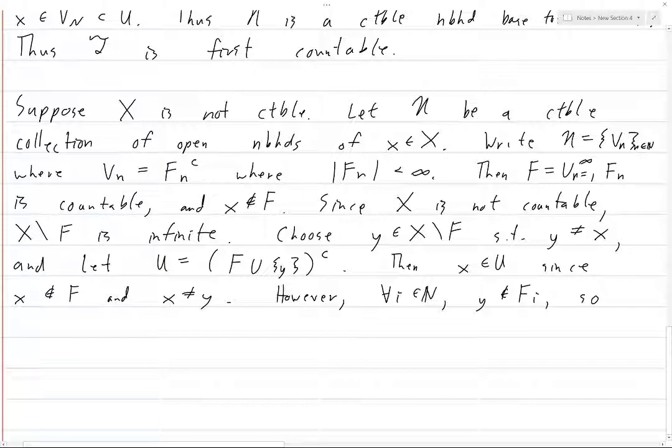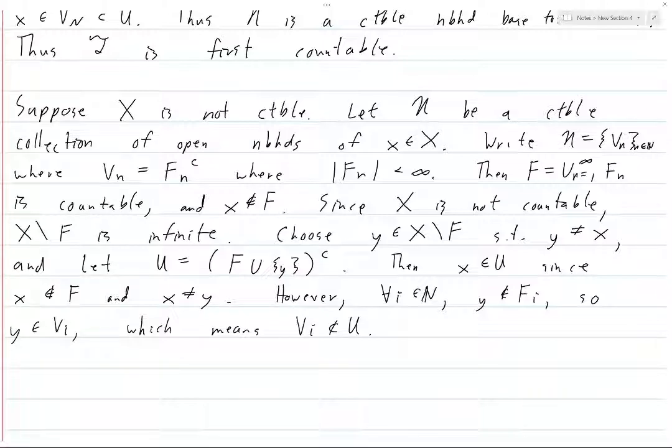So then Y is in Vi, which means that Vi is not a subset of U, because U does not contain Y. Right, okay, U does not contain Y, but Vi contains Y. So Vi contains an element which U does not contain, so therefore Vi cannot be a subset of U.